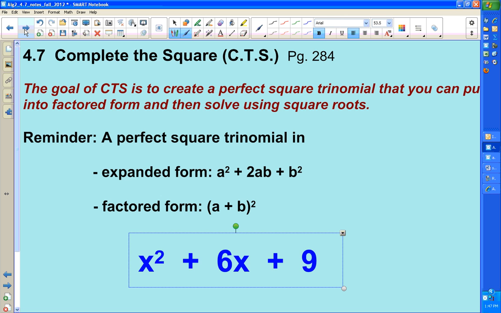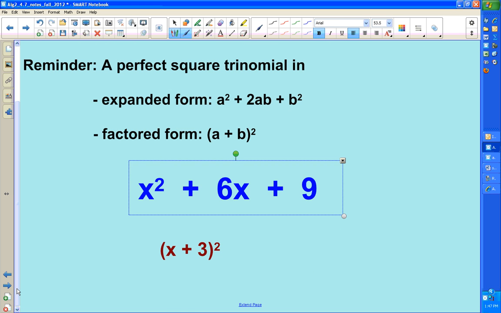X squared plus 6x plus 9 becomes x plus 3 squared when it's factored. We want to be able to get the binomial squared out of this so that we can get to vertex form or parabolic form. This process is lots of steps.